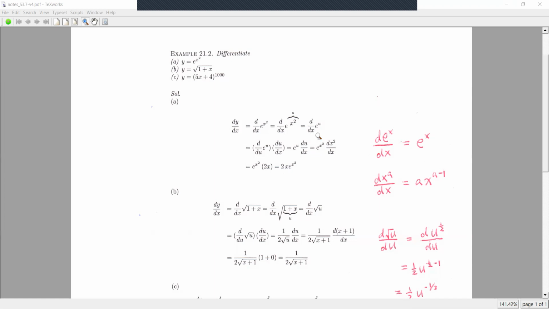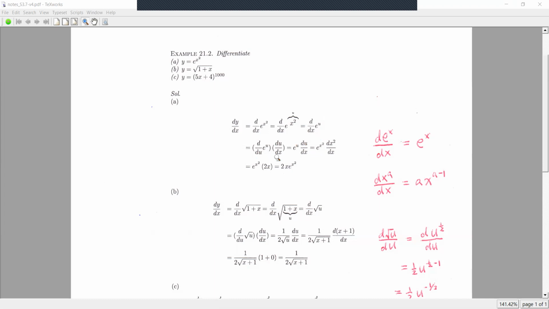To overcome the difficulty, I insert du to the denominator and put du on the numerator. This step is chain rule. I can cancel du, and go back here.